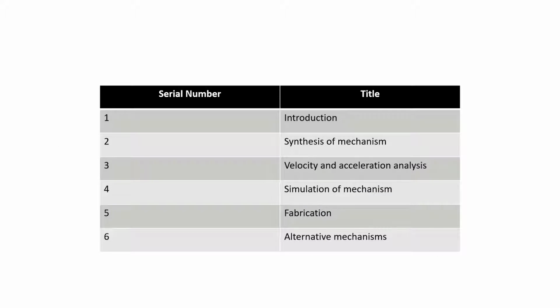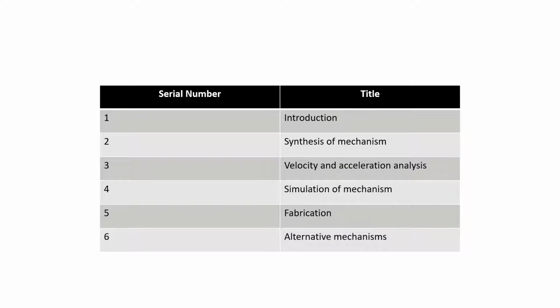Firstly, we will talk about the mechanism that was selected and the working of the mechanism. After that, we will talk about how this mechanism was incorporated in the application chosen. Next, we will explain the synthesis of the mechanism that was done both graphically and analytically.